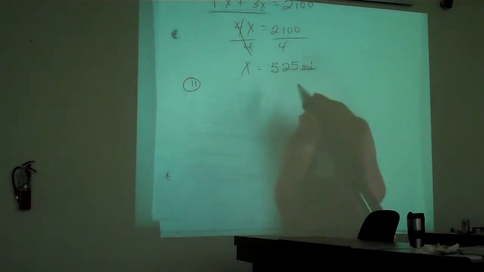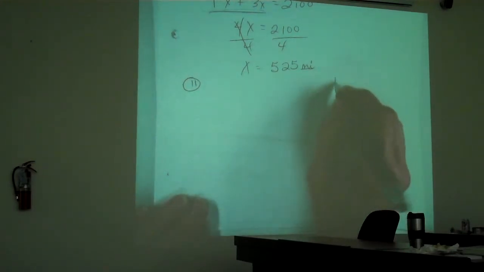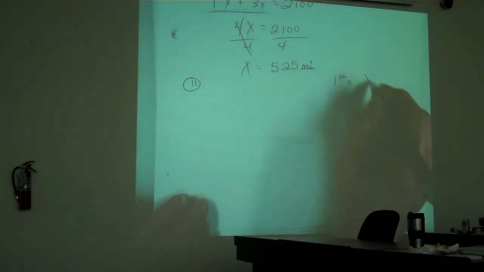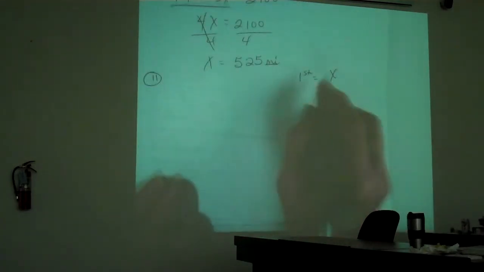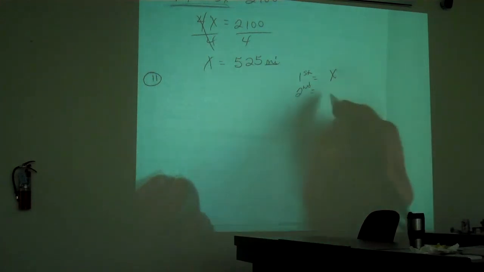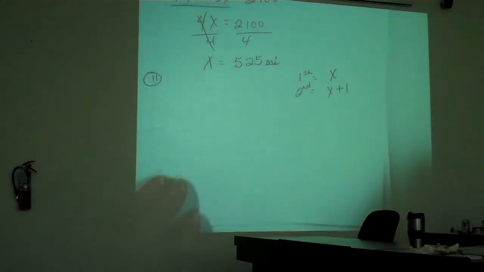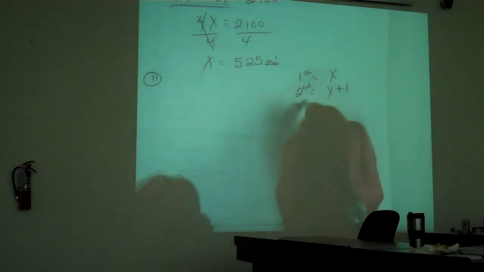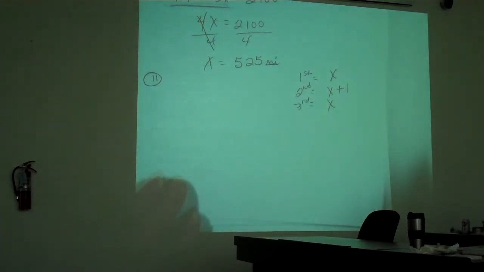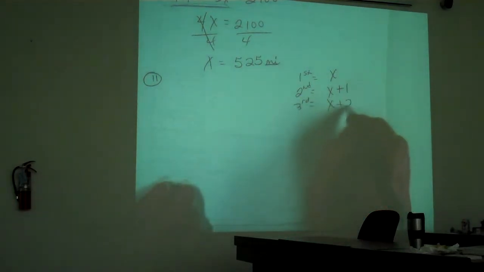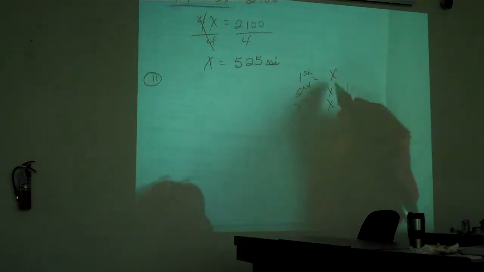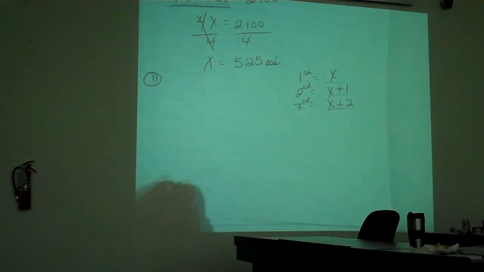So if they're consecutive, if your first number is X, what would the number on your second ticket be? X plus 1 more, right, X plus 1. The third ticket, if you had X here, X plus 2. Okay? So this is the numbers of the 3 tickets.